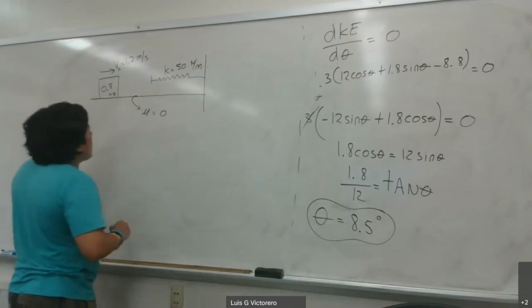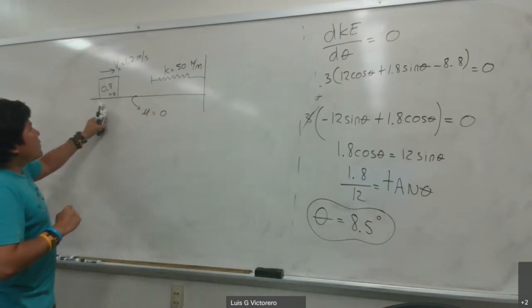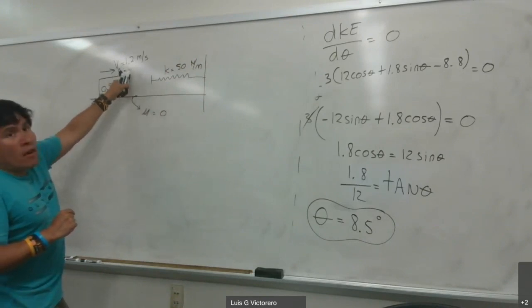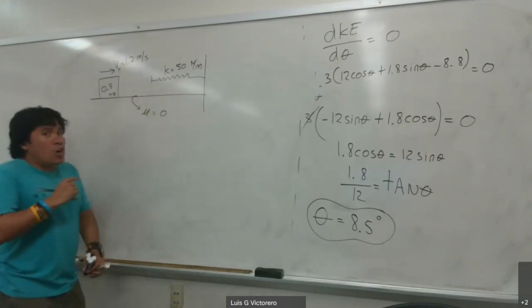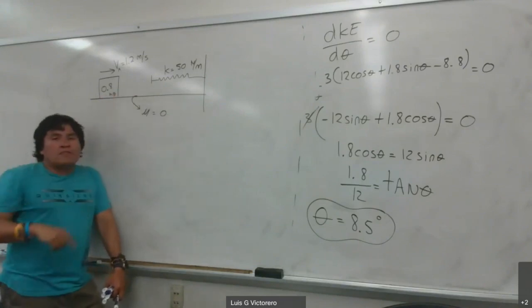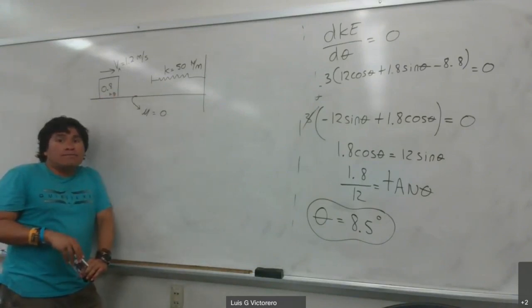So the thing about this problem is that because there is no friction, we can assume that the block will reach the spring with the same velocity. If there was friction, you can't assume that, because there will be some energy lost, so you have to take that into consideration.